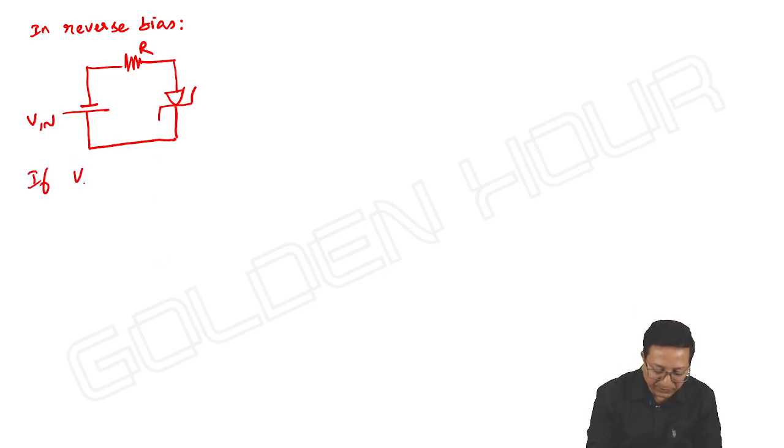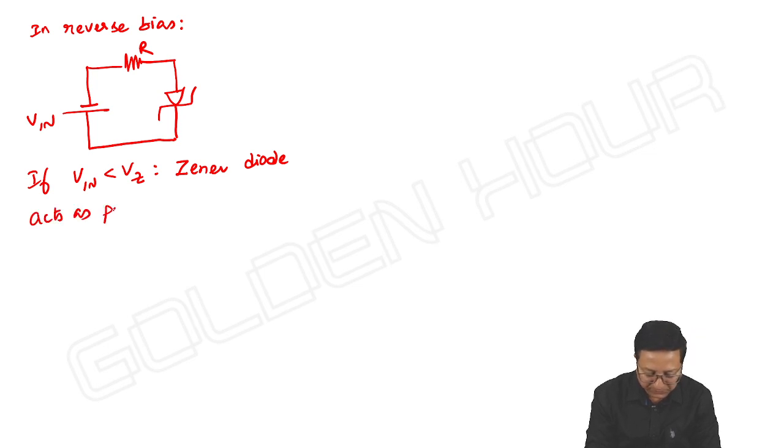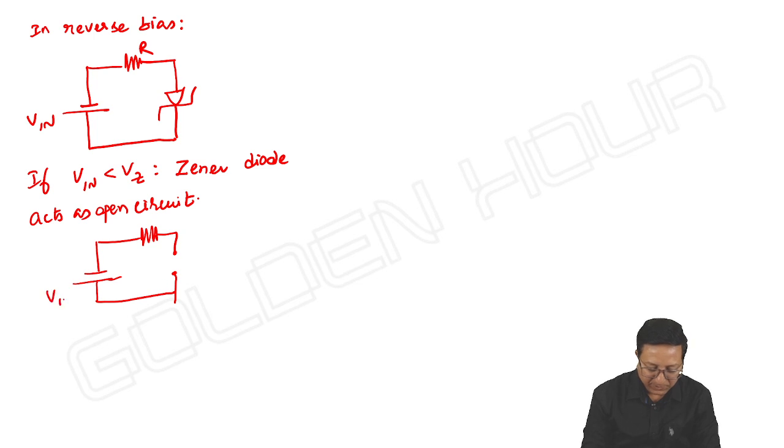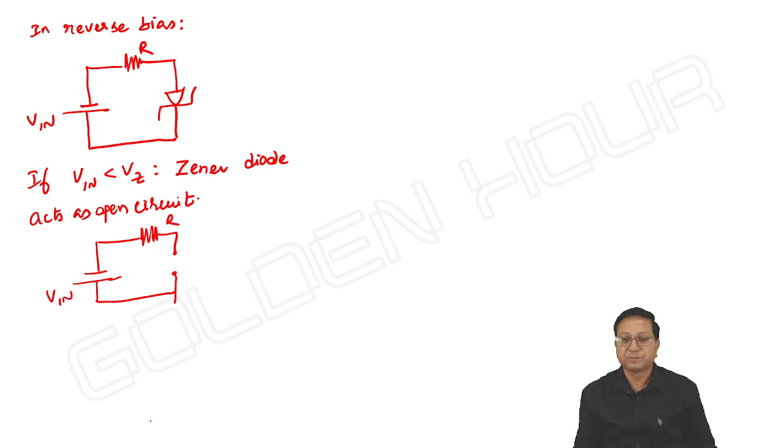If V input is less than its breakdown voltage, the Zener diode acts as an open circuit. So this is the equivalent circuit.